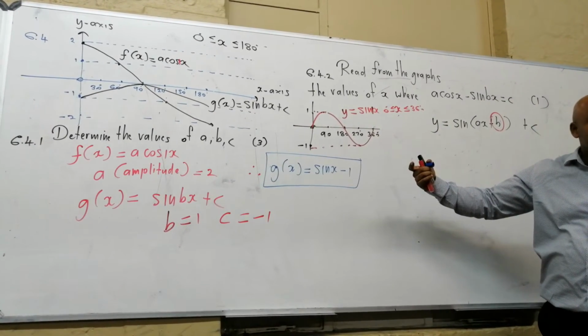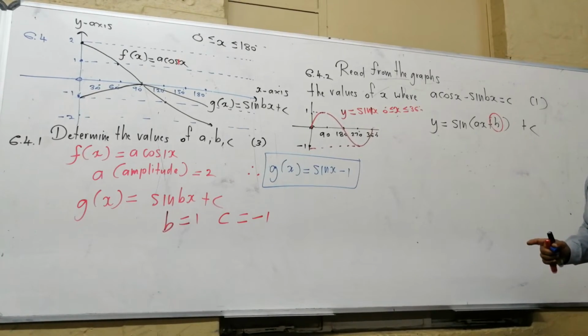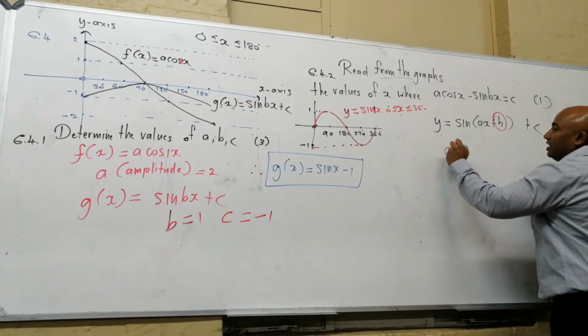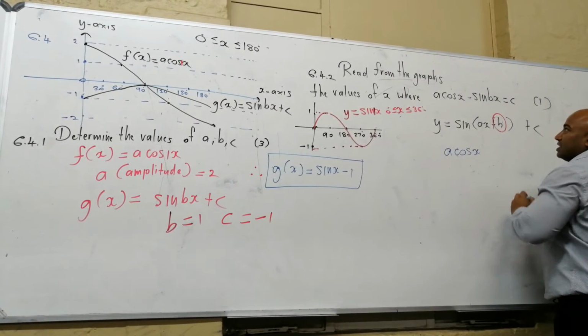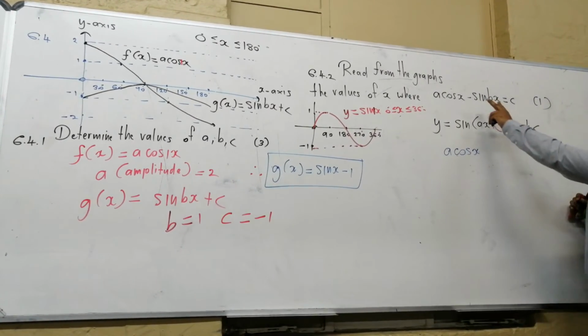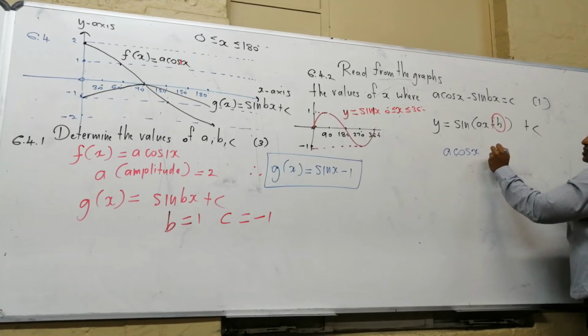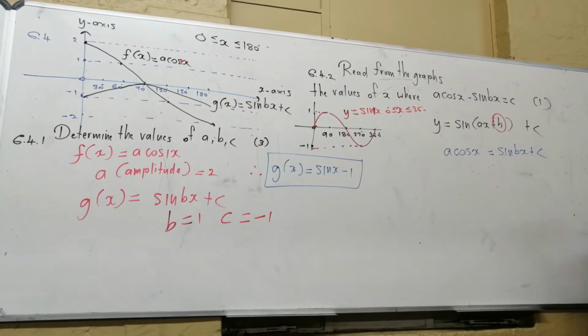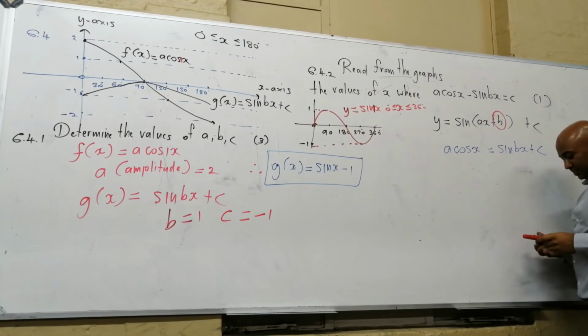Alright, so what you do is separate the two. What do we have here? We have a cos x, and if I take this to the right hand side, it's going to equal to sine bx plus c.